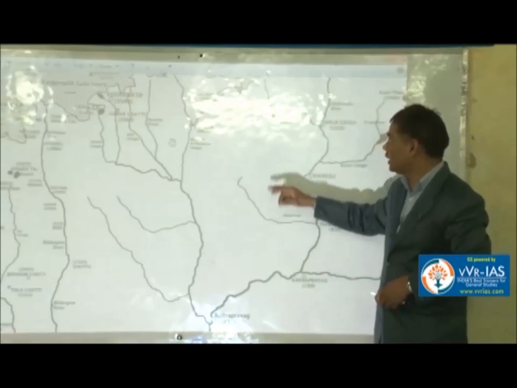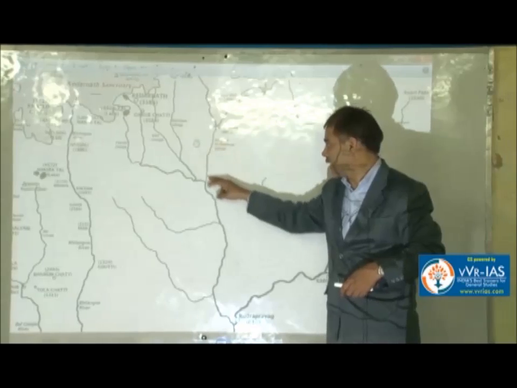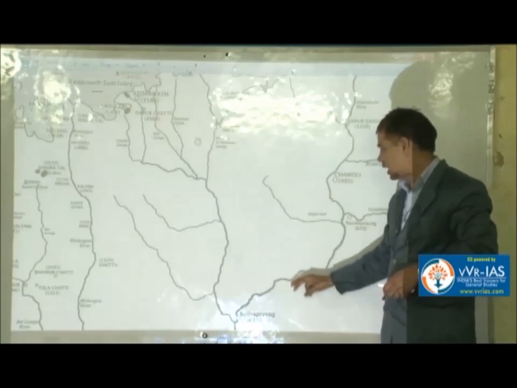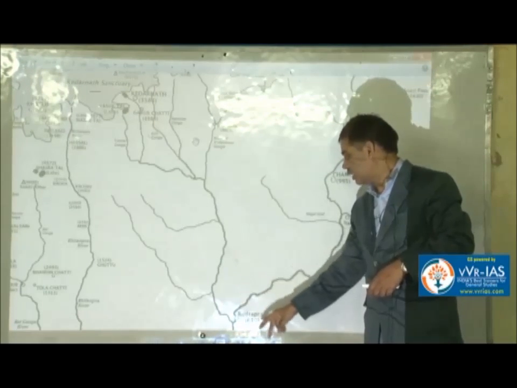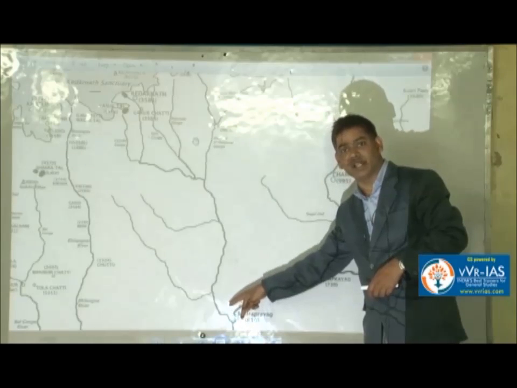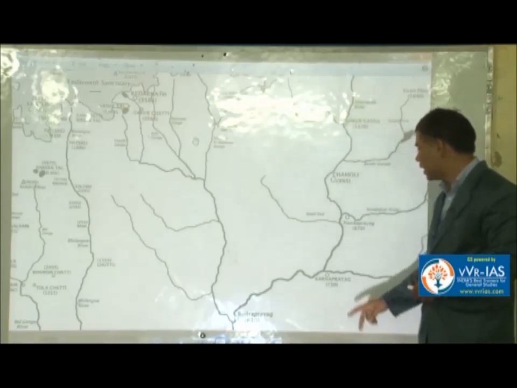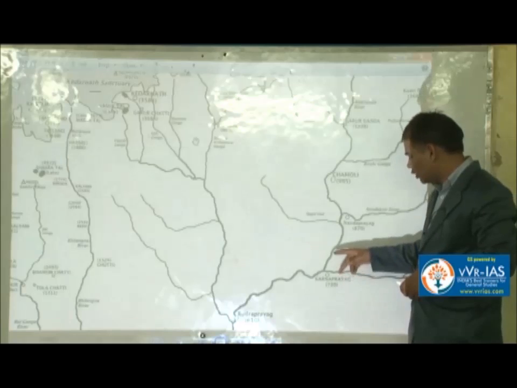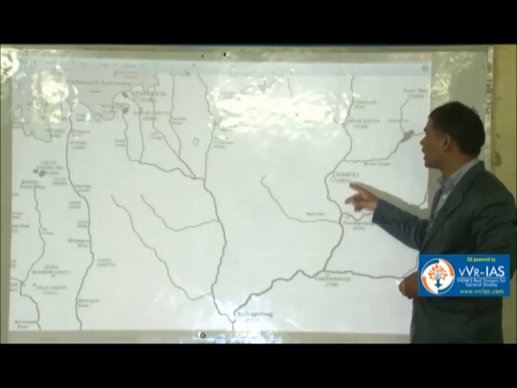Here is the Mandakini, and here is the Alkananda. Mandakini and Alkananda will meet at a confluence, and that confluence is called Rudraprayag. Before that, you go and you will get Karnaprayag, Nandaprayag, like that.